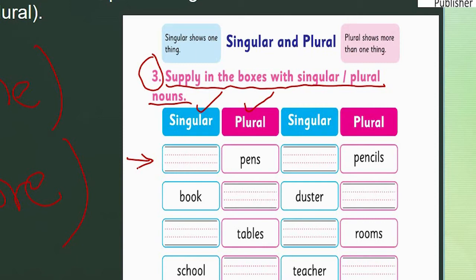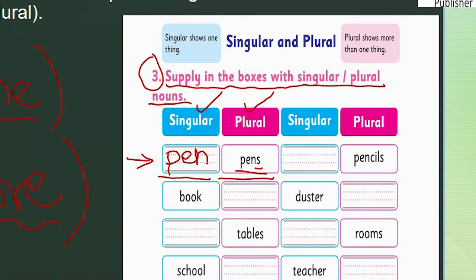Now the first one, the singular box is empty, but the plural box has the word pens. There's an S. That means there are more than one. But we have to fill it when it's only one.